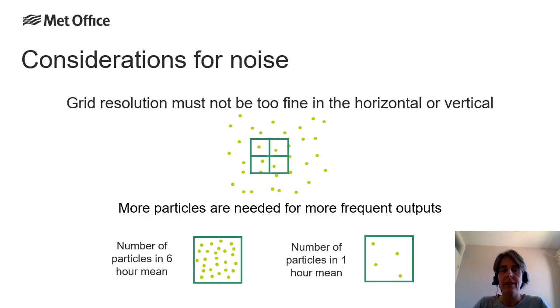For example, choosing a larger output grid box will increase the spatial averaging, or alternatively, you could increase the vertical averaging or the temporal averaging. In all cases though, I recommend that you plot your results to check for noise. And if in doubt, try increasing your number of particles released to check that results do not change much.